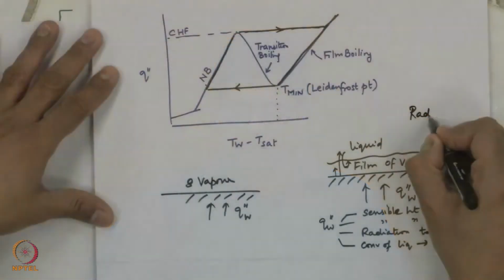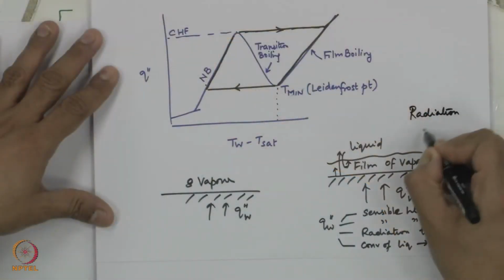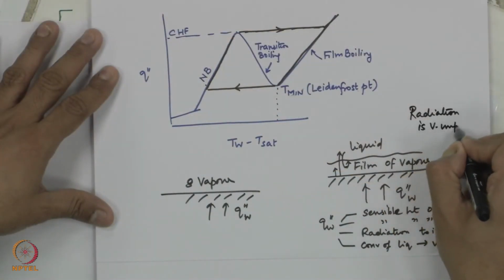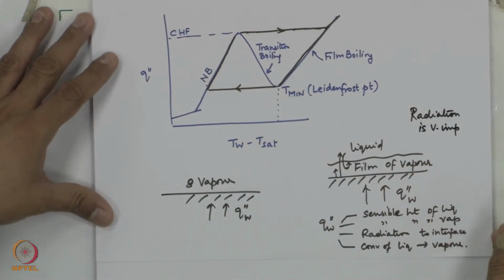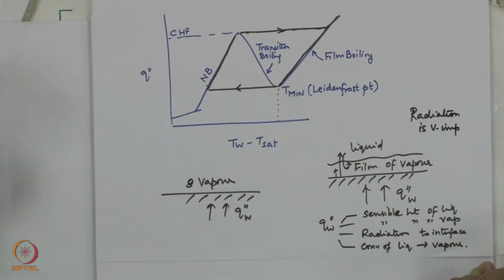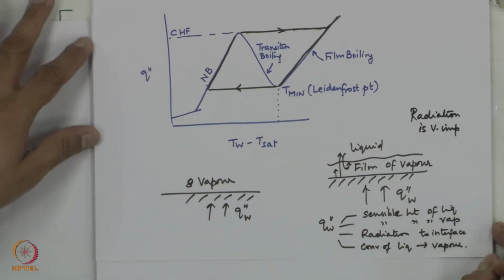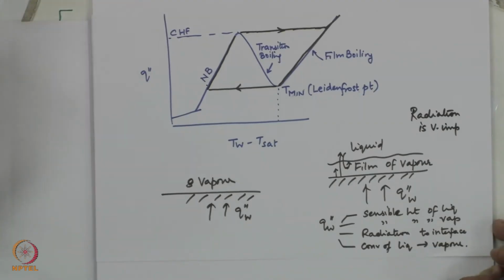Modeling of this becomes very difficult, radiation becomes very important. You cannot neglect radiation, this may contribute up to 40% of the heat transfer here, and all said and done, even though this region is not so good in terms of the heat transfer, from a point of view of fundamental studies in boiling, in multi-phase flow, this regime helps us understand several things, and several challenging problems can be there in this modeling of film boiling.